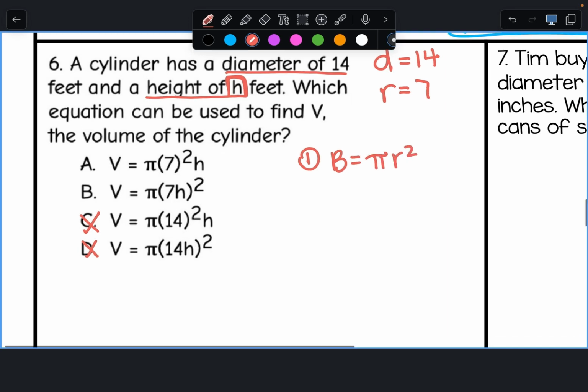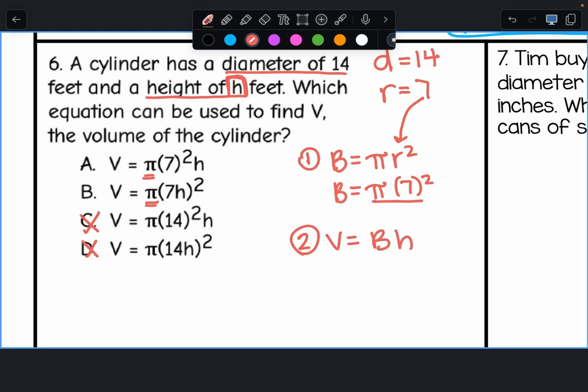So when we substitute that 7, notice they're leaving it in what? In terms of pi, because pi is still in the answer, right? Now the second step is to put it into volume. So what they're doing here is taking all of that and putting it where B is.